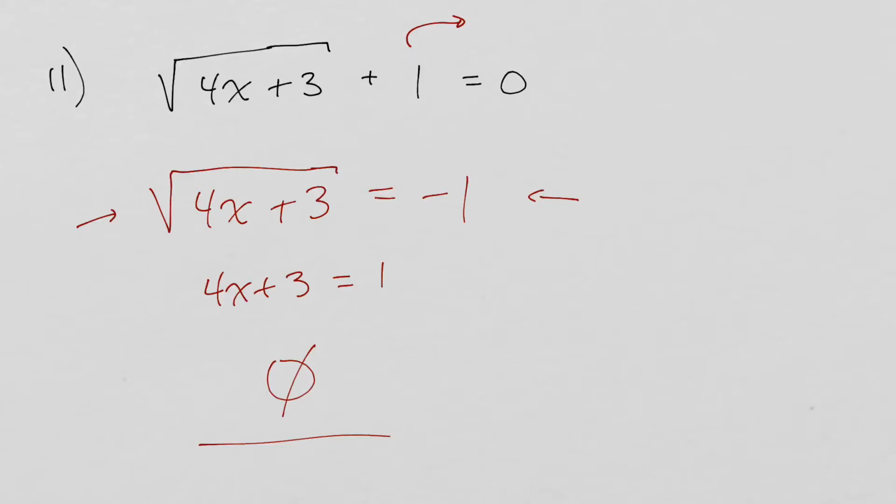But that result is not going to work in the original equation. It's only going to work from this equation, and so that would have to be thrown out. But save yourself the time. When you see that you have a square root that is negative, just stop right there and put no solution.